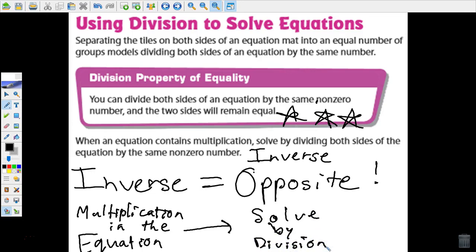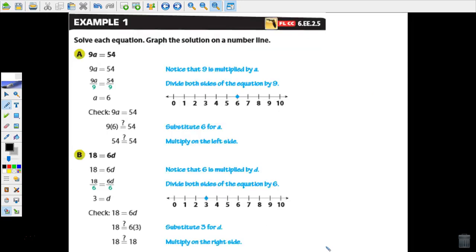All right, Governor, we got it. Okay, let's look at an example. Or 2 to be exact.